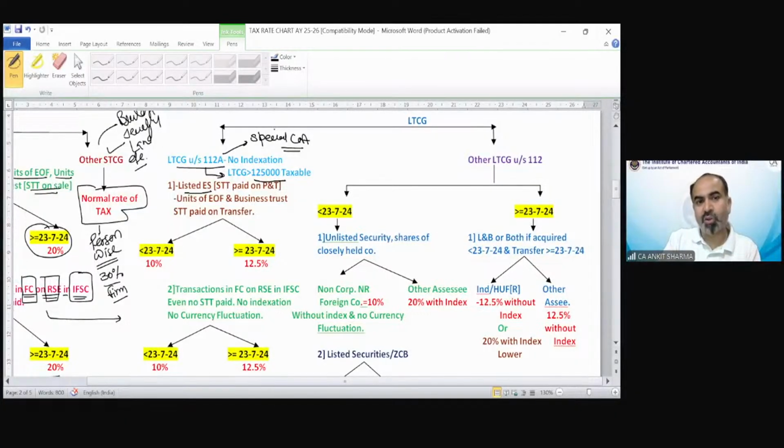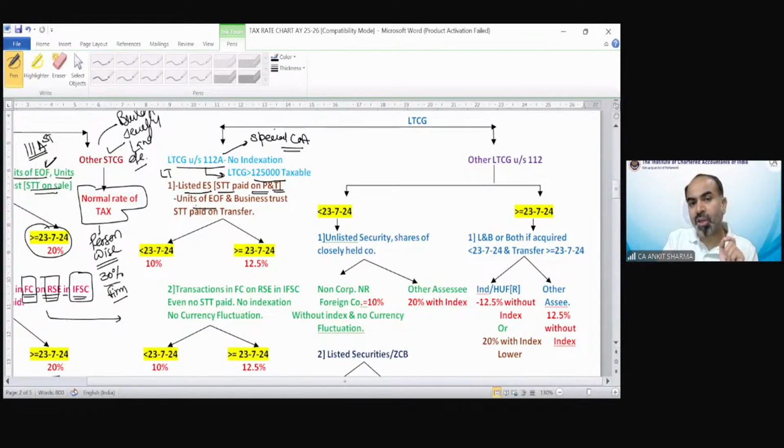Listed equity shares, those were over here in section 111A. If those securities are short term, they are under section 111A. If these are long term, these would be 112A securities. You can see it is exactly the same. Listed equity share, STT paid on purchase and transfer both, then it will fall under 112A.